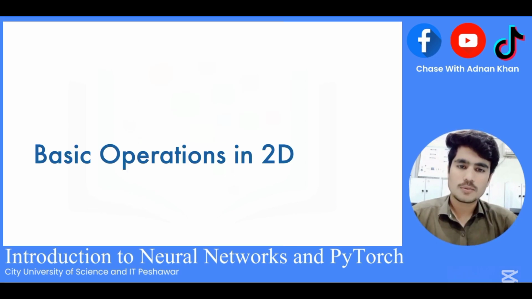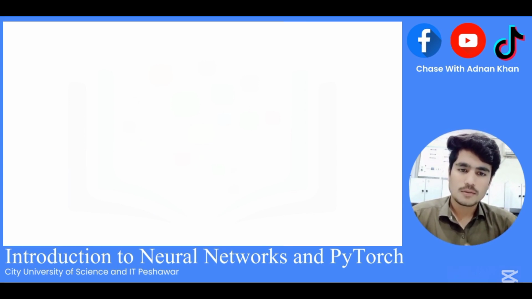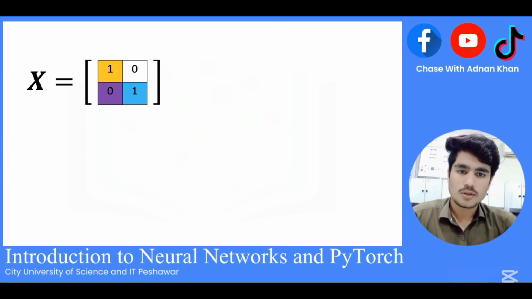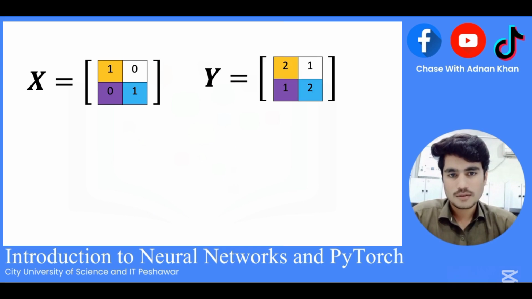Now, let's discuss some basic tensor operations in 2 dimensions. As before, the tensors must be of the same type. Let's start by adding two tensors. The process is identical to matrix addition. Consider the following tensor x. Each element of x is colored differently. Consider another tensor y, and each element is also colored differently.